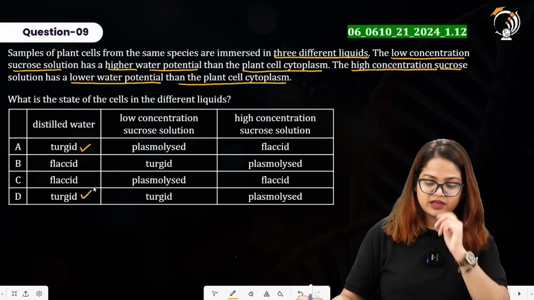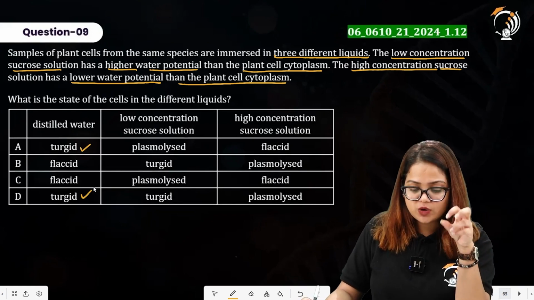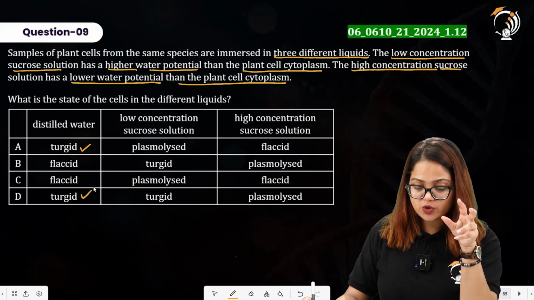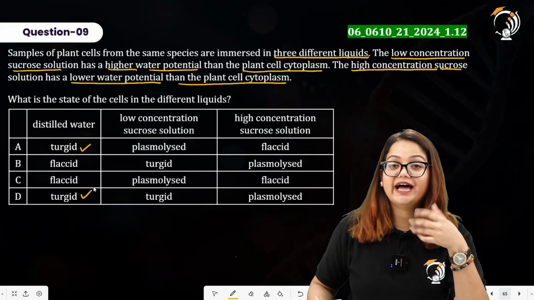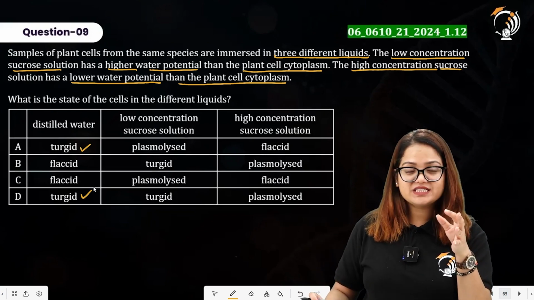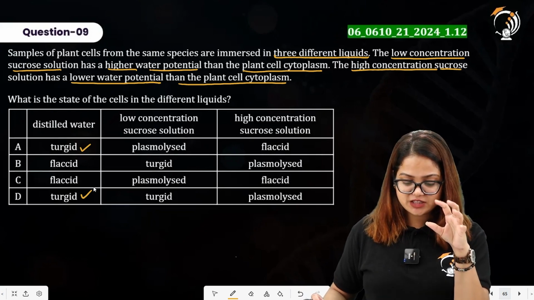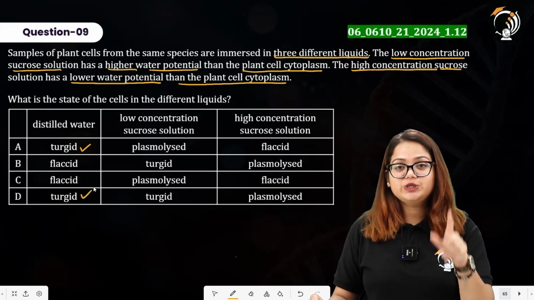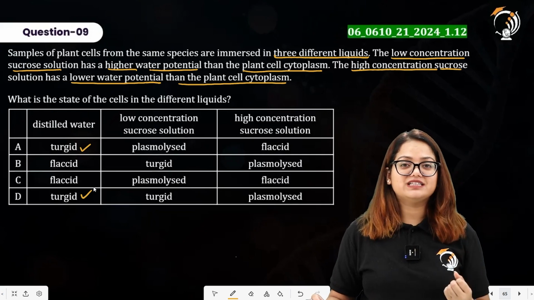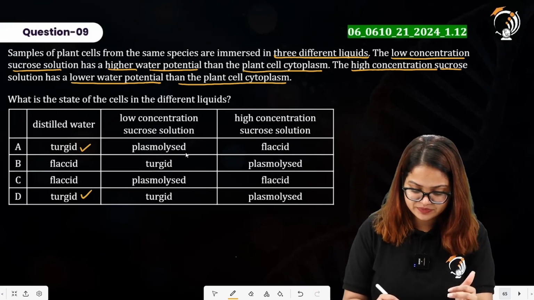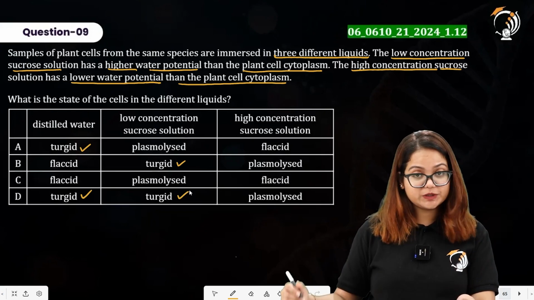When the plant cell is kept in a low concentration sucrose solution, the solution has high water potential, and due to that the water will move into the plant cell that has low water potential. It will also become turgid.